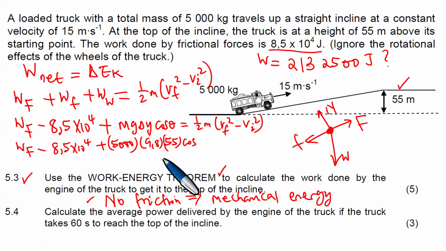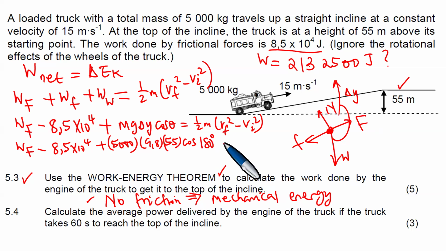If you look at this very carefully, the weight is straight down, but delta y is a vertical displacement, and therefore the angle between them is actually 180 degrees.